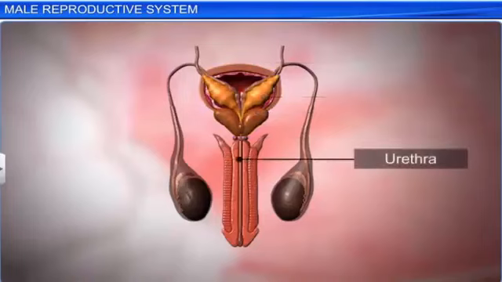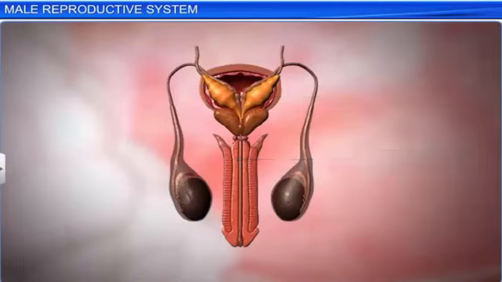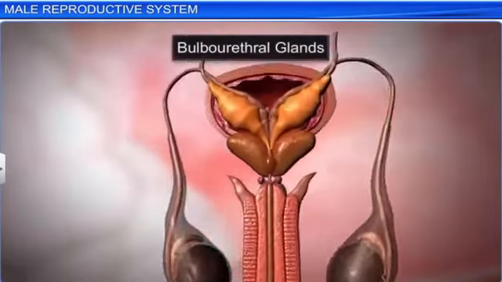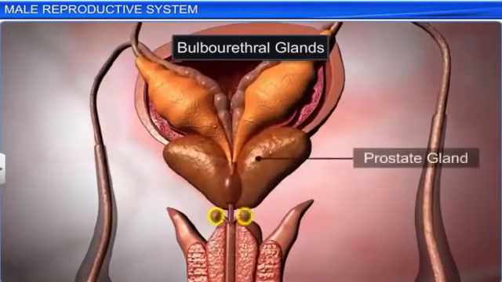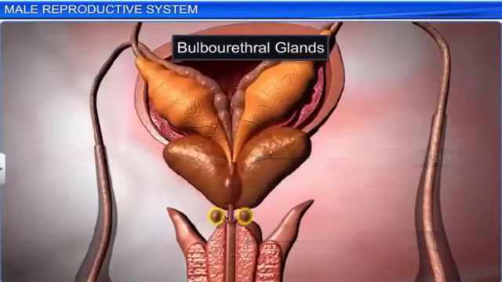It opens into the urethra through many ducts. The prostatic fluid contains calcium, citrate, and phosphate ions. The bulbourethral glands or Cowper's glands are pea-sized structures lying posterior to the prostate gland and at the base of the penis. Their secretions help in the lubrication of the penis.